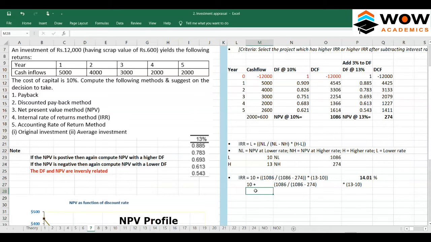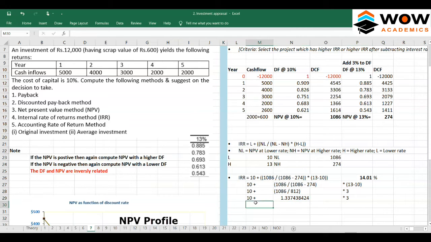The 10 you just bring down. This part you try to solve. If you solve this part, first we'll get an answer, which comes to 812. And when we solve the other part, it comes to the multiplication of 3. Still we have one more part to solve. So we'll solve this. It comes to 1.337. Now, the multiplication has more value, so first that only you have to do.